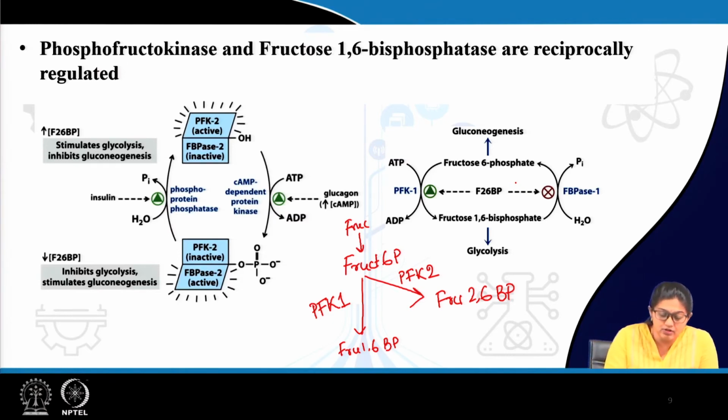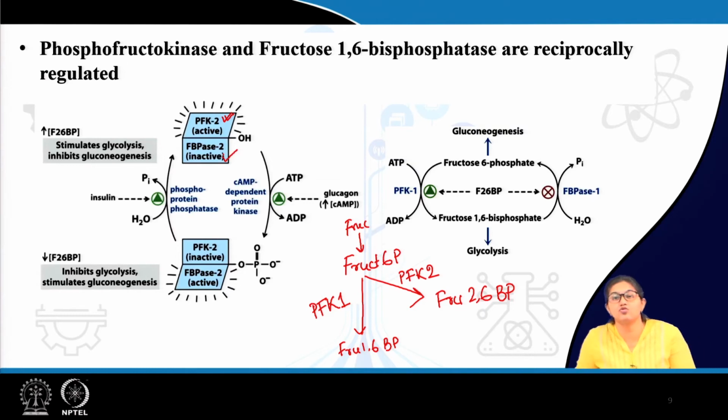So, you can see this is a bifunctional enzyme. It has kinase activity in the form of phosphofructokinase 2 as well as phosphatase activity in the form of the fructose bisphosphatase 2 isoform. Remember, bisphosphatase 1 is present in neoglucogenesis.